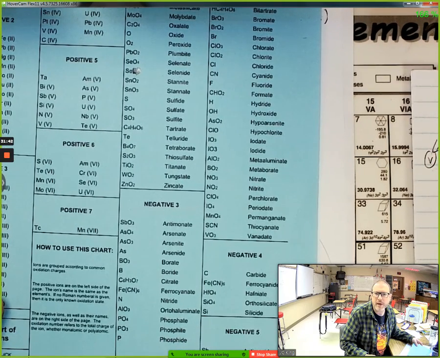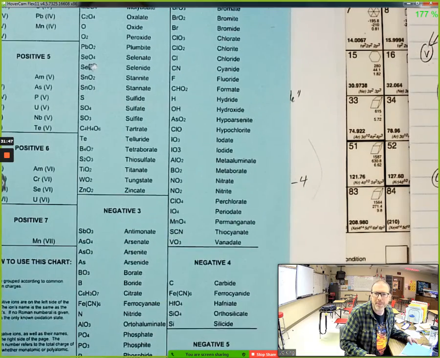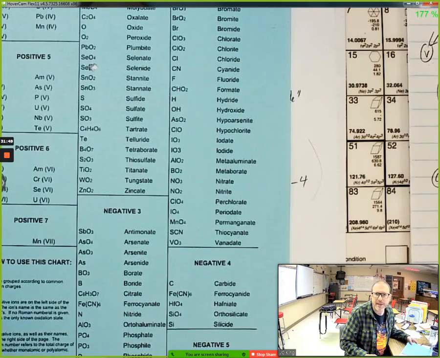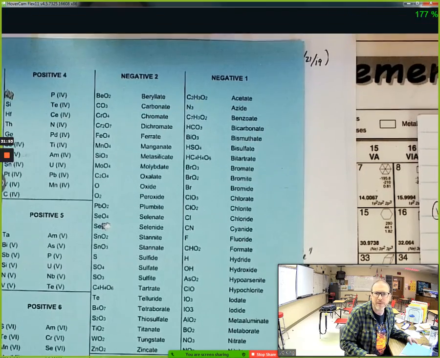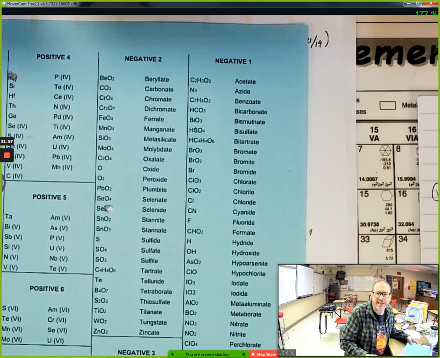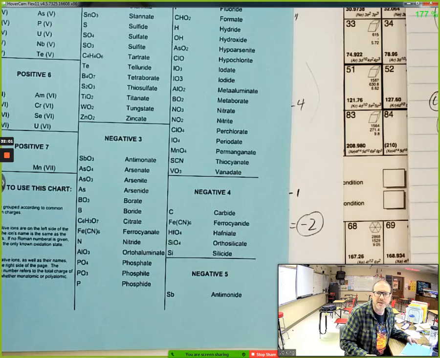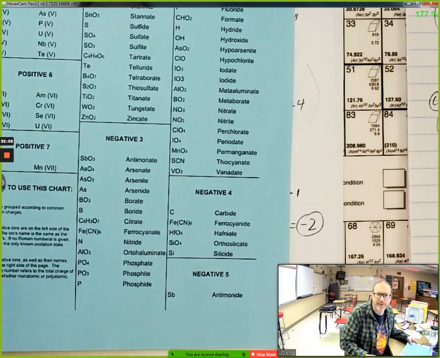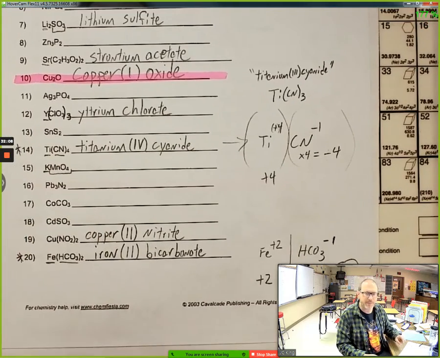It shows up right there in the -1, where they call it permanganate. I think it shows up somewhere else and they just call it manganate. Yeah, as MnO4 up here, and it's -2. So what we've got to decide is, is this MnO4 that's -2, or is this MnO4 that's -1?